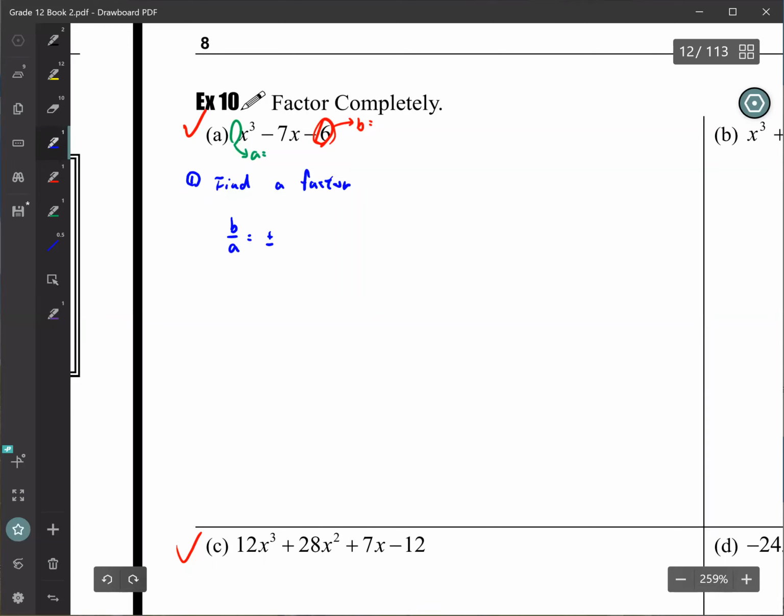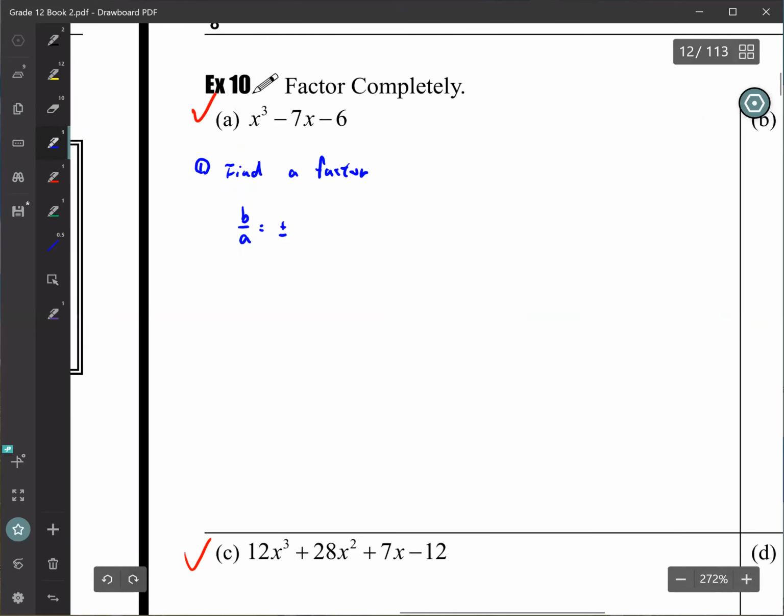So please list them out first. All right, so Eric, can you tell us what are the choices for B over A? Plus minus 1, 2, 3, 6. Okay, very good.